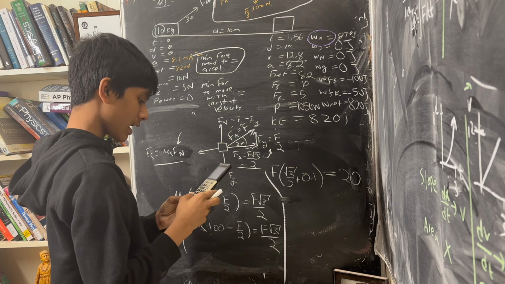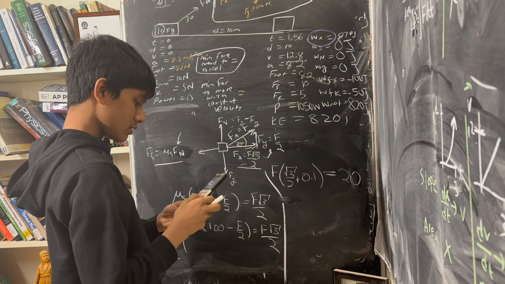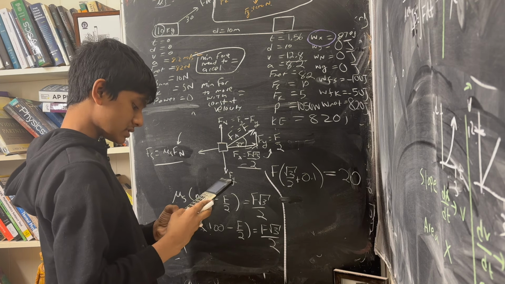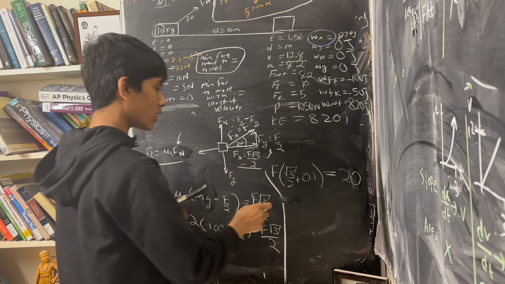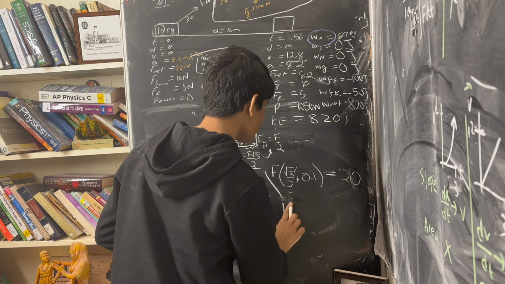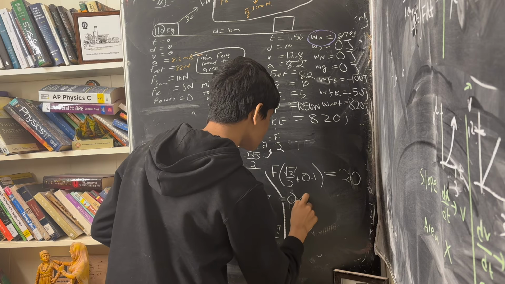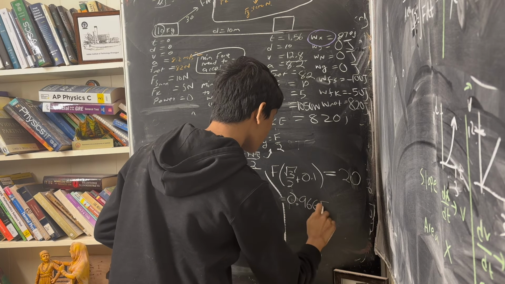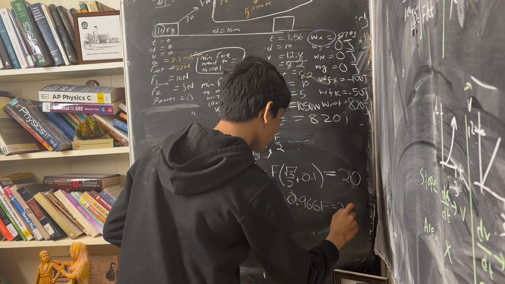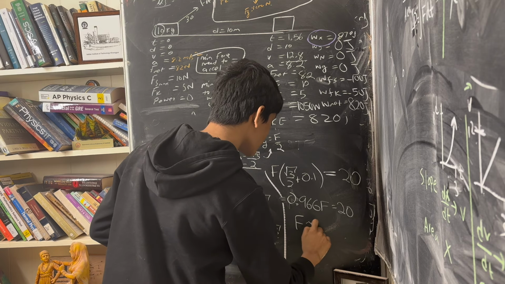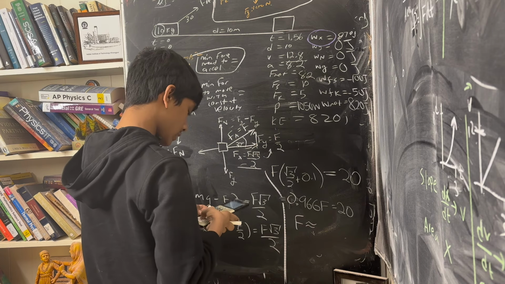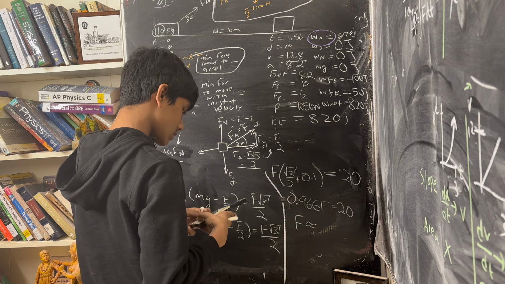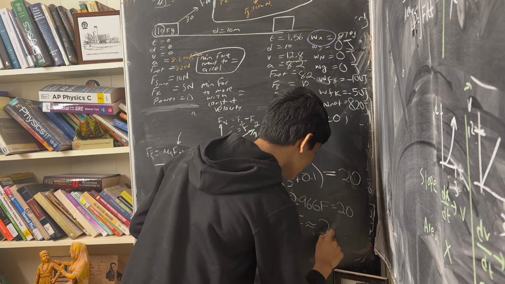Okay, so the square root of 3 over 2 plus 0.1 is approximately 0.966. And so F is approximately 20 over 0.966, which is 20.7 newtons.